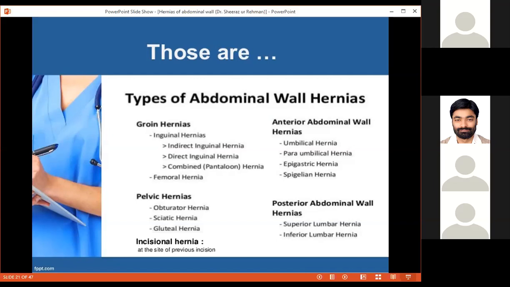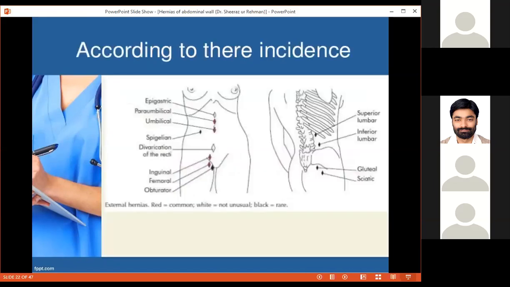So these are also variants of the hernias present. Based on the incidence, the commonest hernias one would have are the umbilical, paraumbilical, inguinal, and femoral, while Spigelian, obturator, and superior and inferior lumbar and gluteal sciatic are the rare sites of hernia.